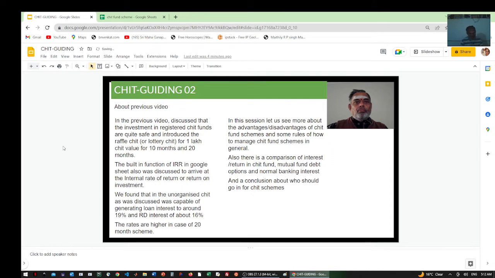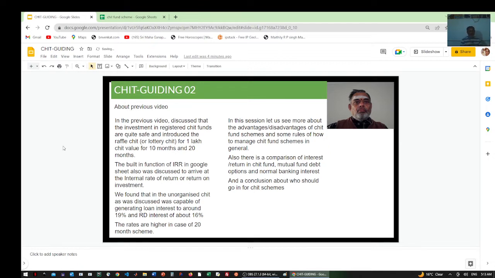In this session, let us see more about the advantages and disadvantages of chit fund schemes and other rules of how to manage chit fund schemes in general.